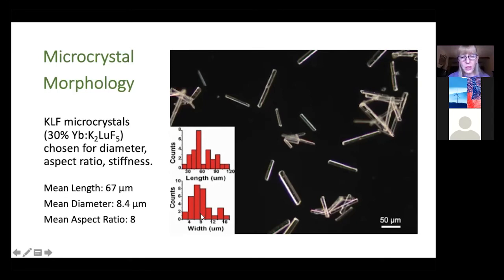So the bulk of the microcrystal diameters appear to be between 6 and 10 microns. And the average length of these microcrystals is around 67 microns. The aspect ratio turns out to be right around 8, but that was sufficient for our process that we're using to illustrate the alignment of these microcrystals.